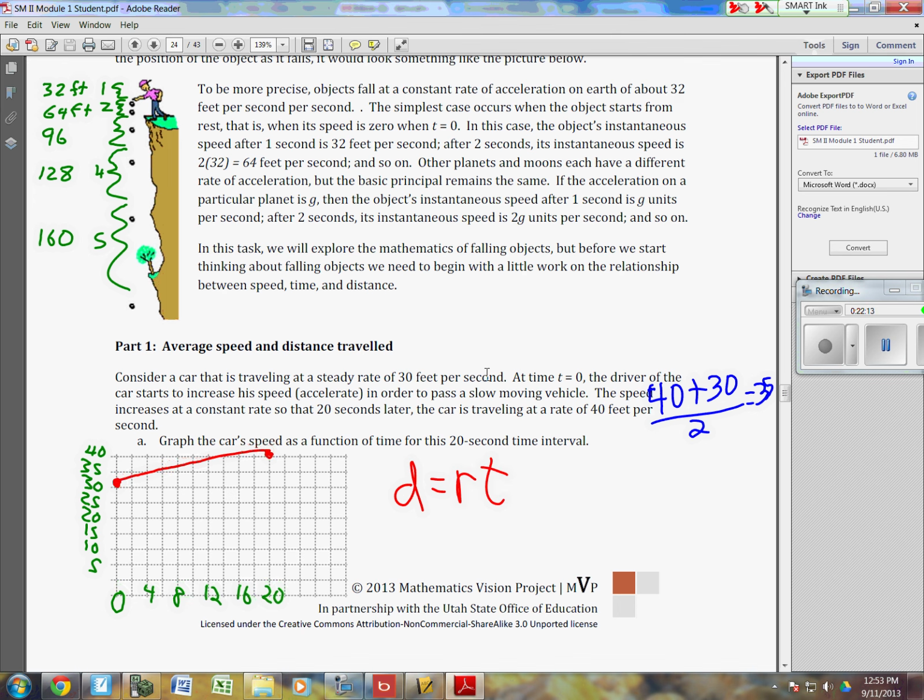Do you remember that? And we wanted to know how far. Well, to find the distance, we take the rate, which was the average rate, 35, and times it by the time, which was 20 seconds. And what did we get? 700 feet. What was the other way we found out we could do this problem, you guys?